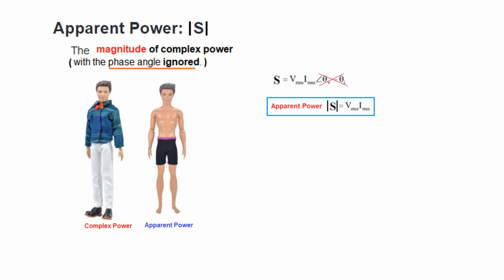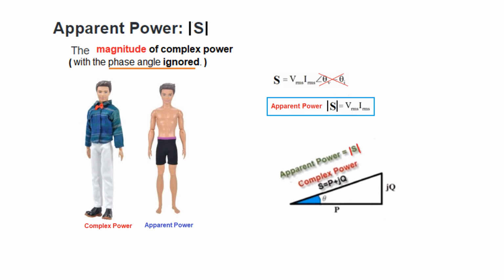So the apparent power is only the magnitude, not the angle. It is the magnitude of complex power, and so it will be written as Vrms, Irms. And from here, P and Q, on the same triangle, it is complex power, and it is also apparent power, that is the magnitude.